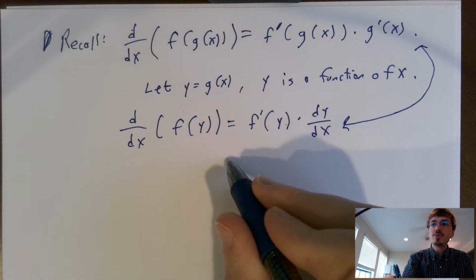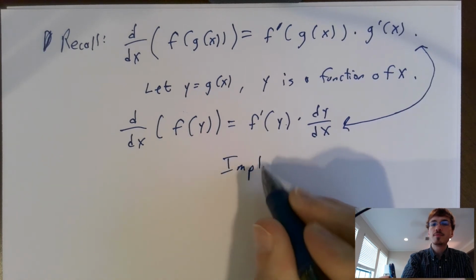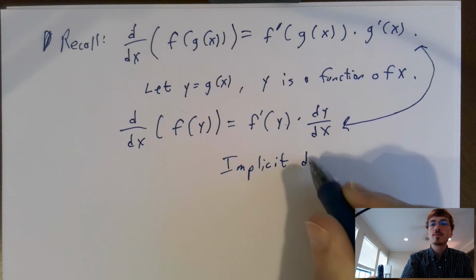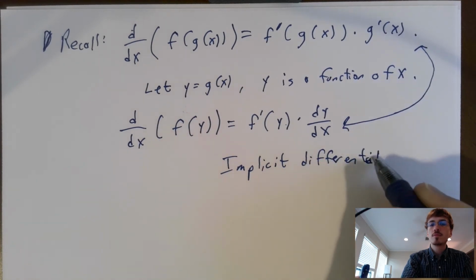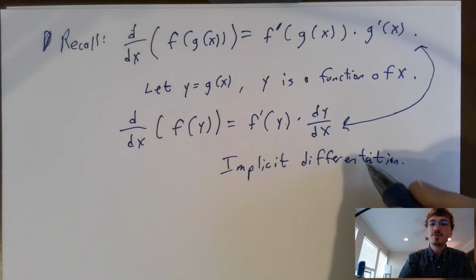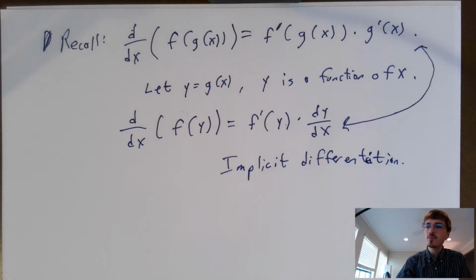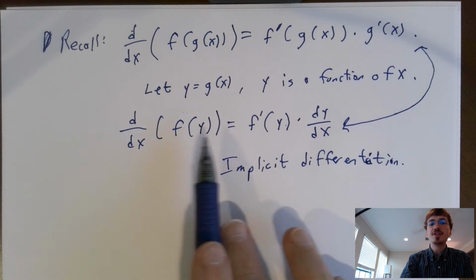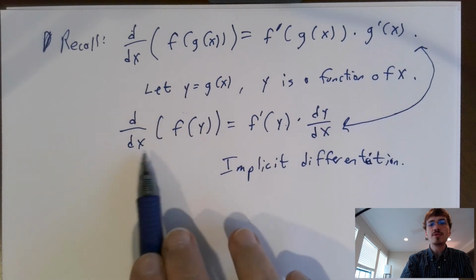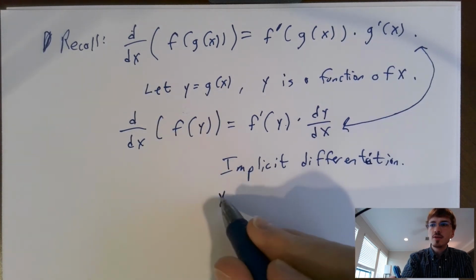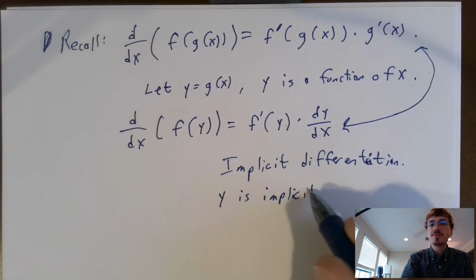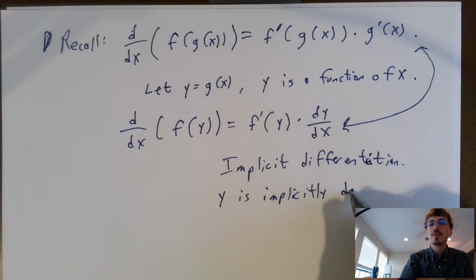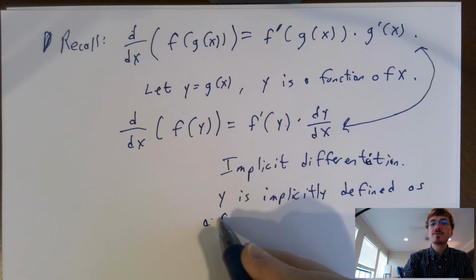And this is called implicit differentiation. Sorry about my handwriting. Where we want to differentiate a function of y with respect to x, and y is implicitly defined, so it's implied, as a function of x.